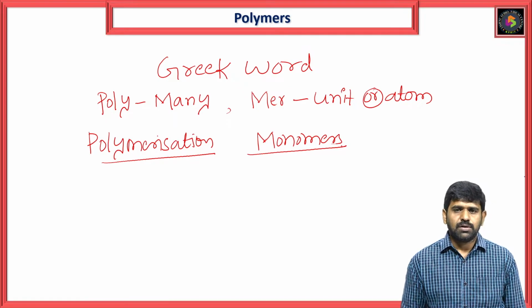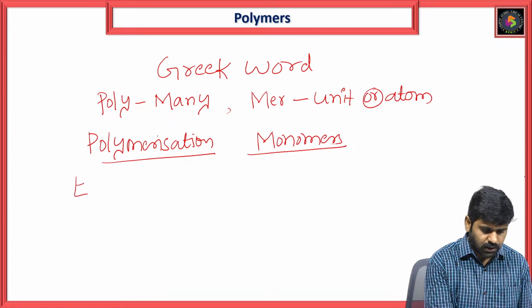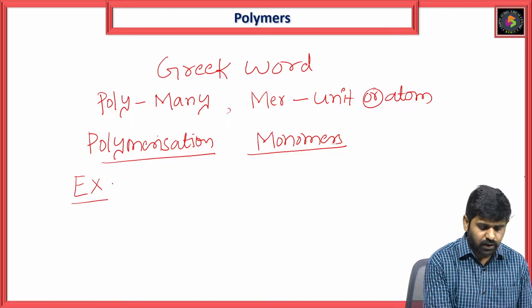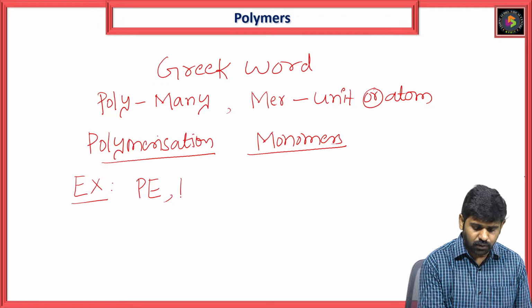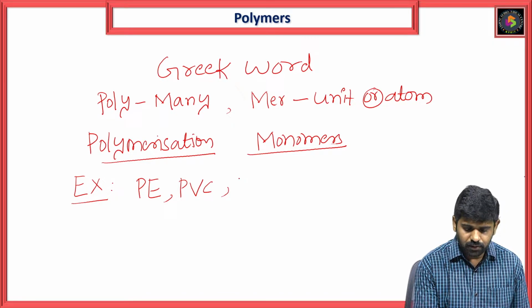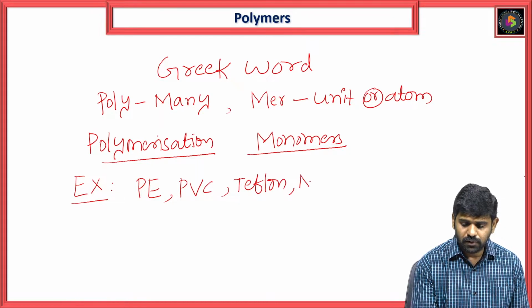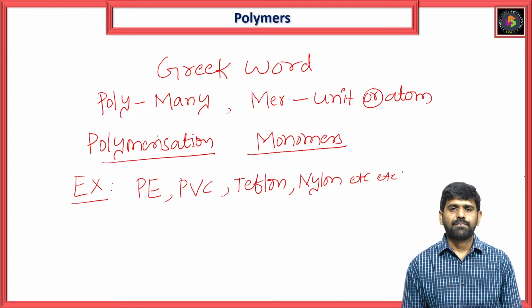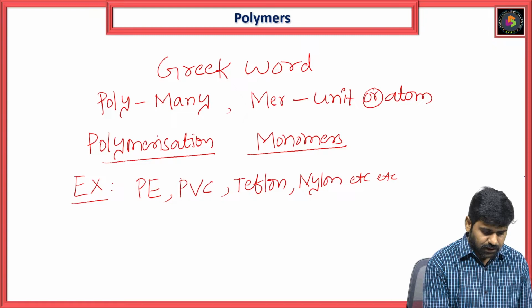So examples of polymers are polythene, polyvinyl chloride (PVC), Teflon, nylon, etc. For example, let us take polythene.